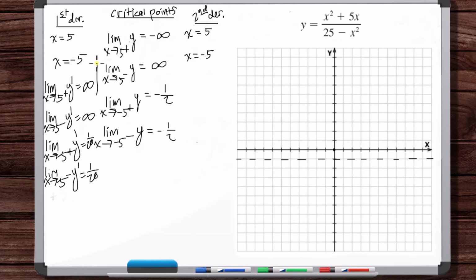Okay, so let me put a line here. All right, and then you could do the same idea if you need with the second derivative.